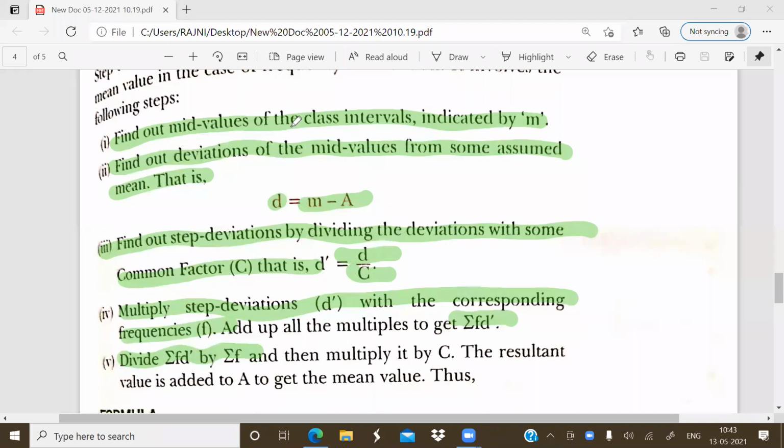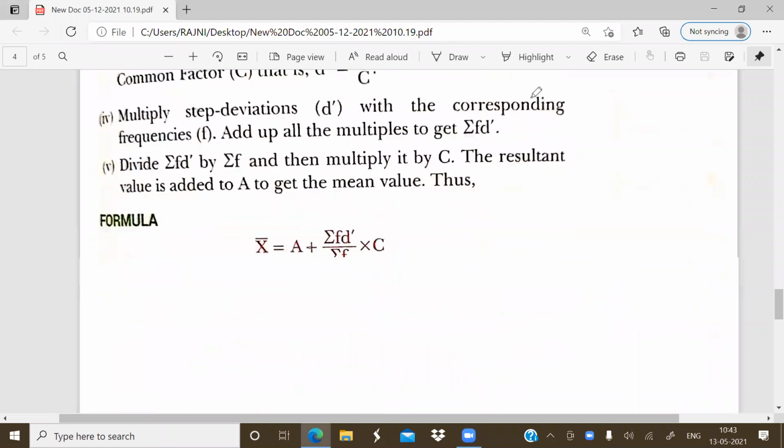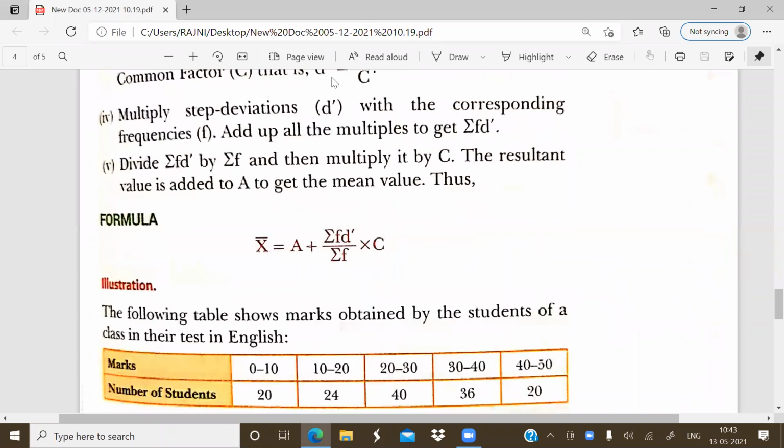Last step, divide the sum of fd dash by sum of f and multiply by c. This will be added to the assumed mean, which equals the arithmetic mean. So the formula to find the mean is: A means assumed mean, plus sum of fd dash over sum of f, times c, where d dash is equal to the mid value minus assumed mean divided by the common factor, f is frequency, and c is the common factor.